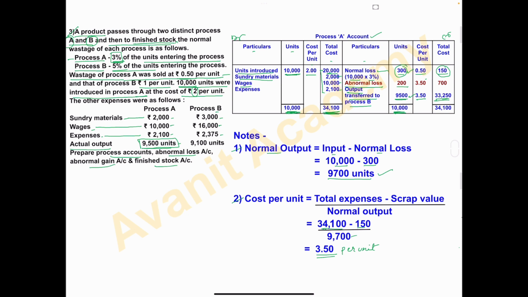Rate per unit we will take the same 3.50, which we have just calculated in note number 2. So write here 3.50 and multiply this 200 into 3.50, you will get 700.